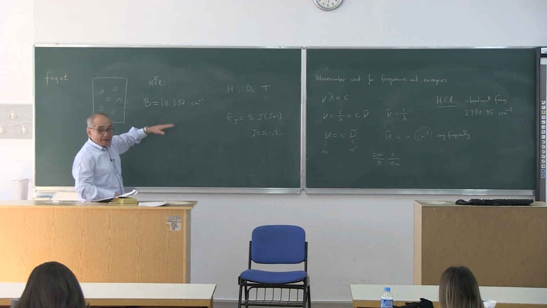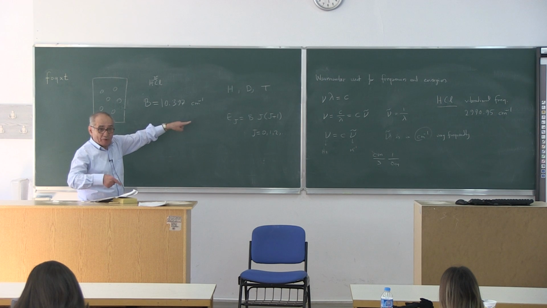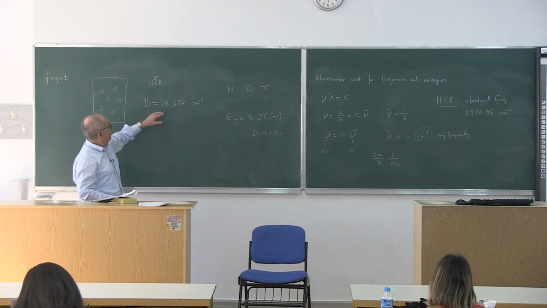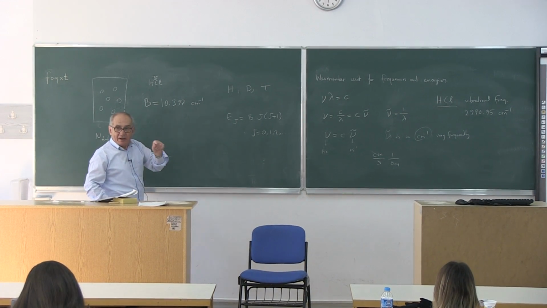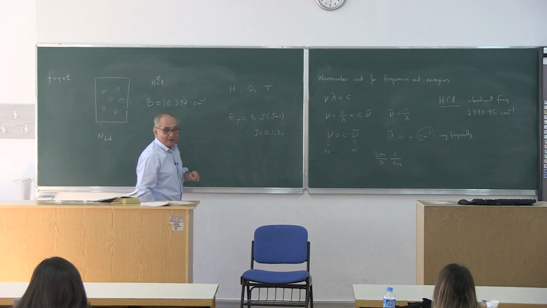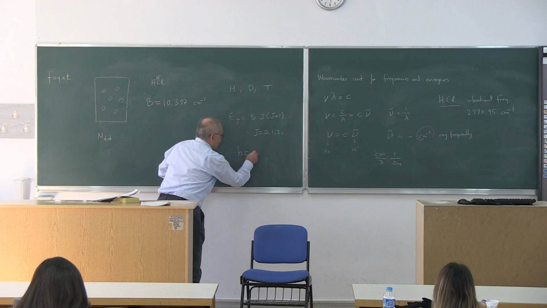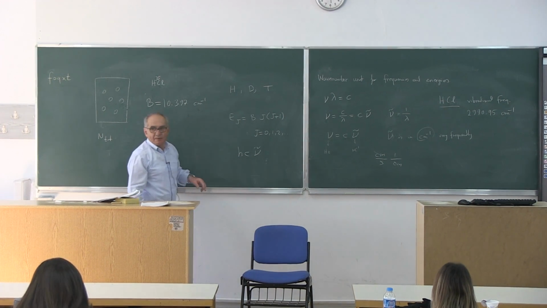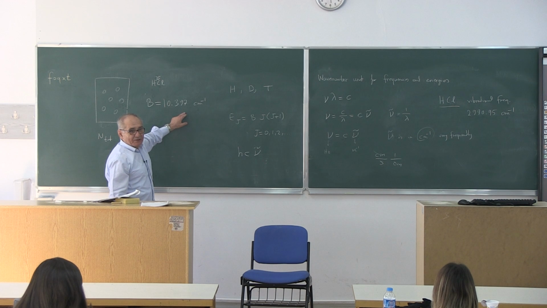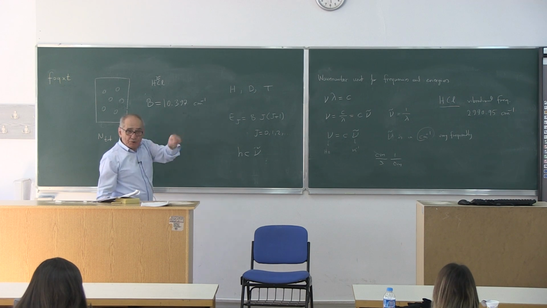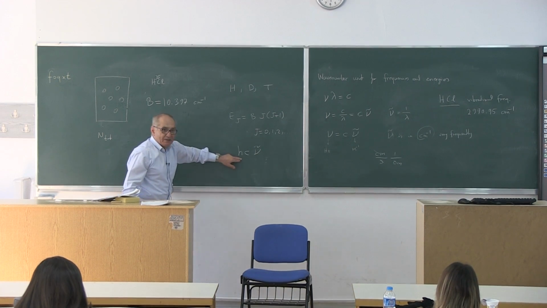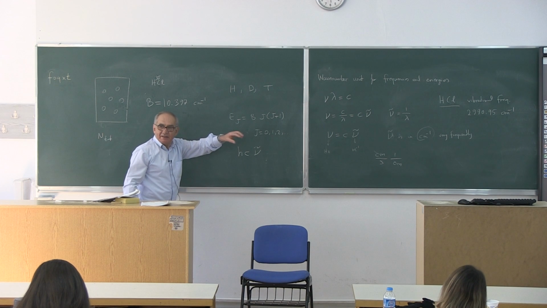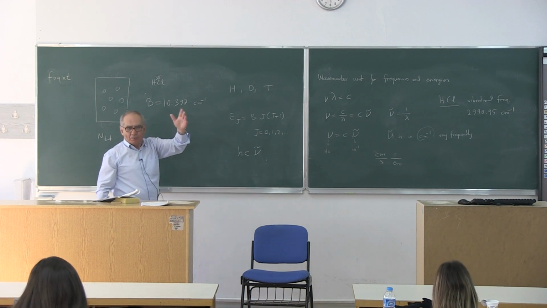So, from that information, you should understand that I'm using the wave number unit in this expression as energy unit. What is the conversion factor? h times c. So, if you want to express this value in joule, the conversion factor is Planck's constant times c. Multiply it and then you will obtain it in joule.